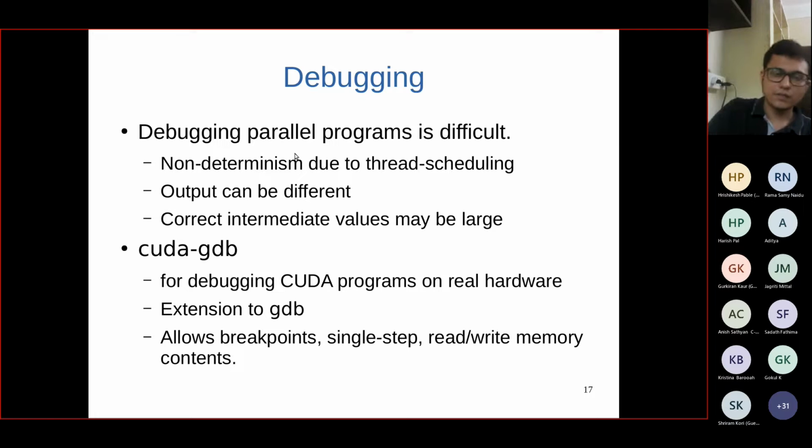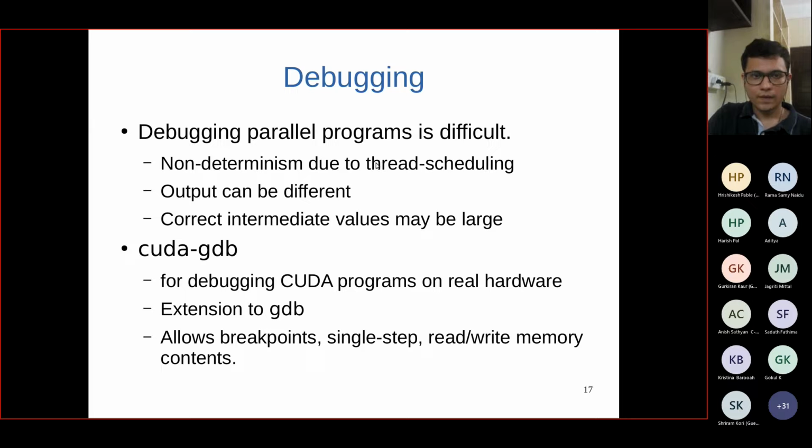So this non-determinism is possible while executing parallel programs, and since the output can be different, debugging can be quite challenging for parallel programs.